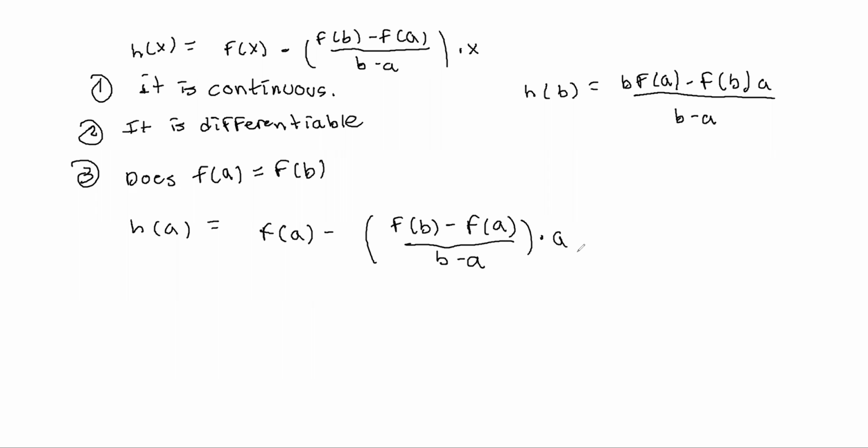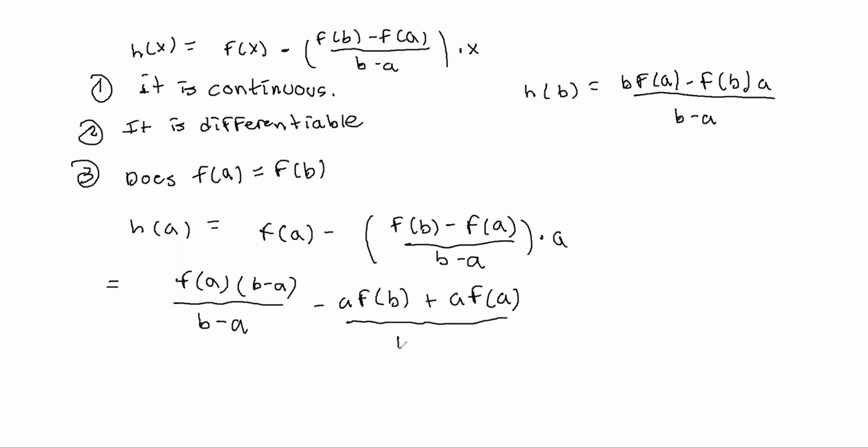So this is done the same way. Multiply b minus a numerator and denominator here. Distribute the a. So we get f of a times b minus a over b minus a minus a f of b plus a f of a over b minus a.